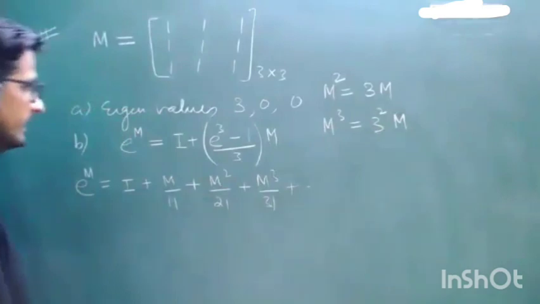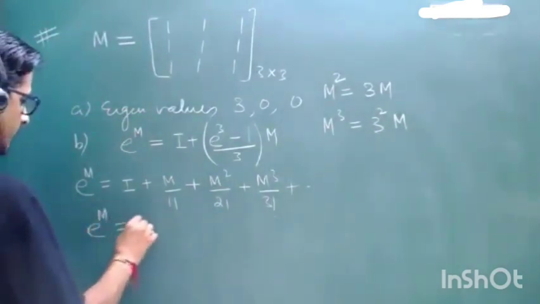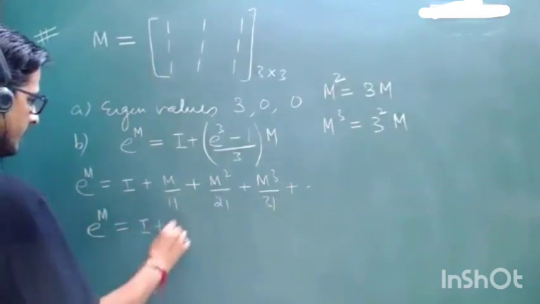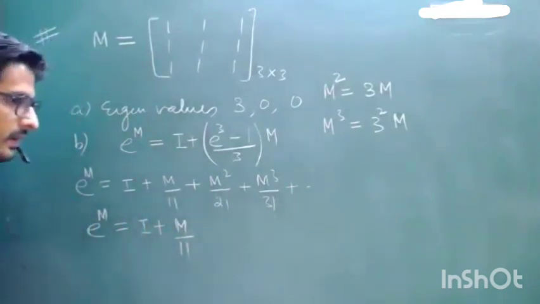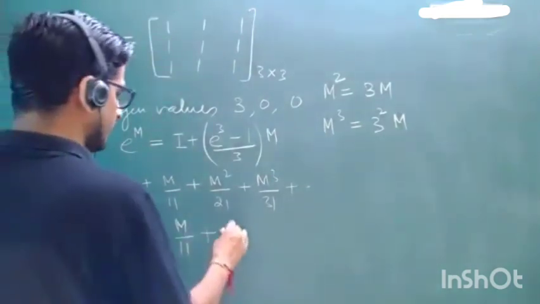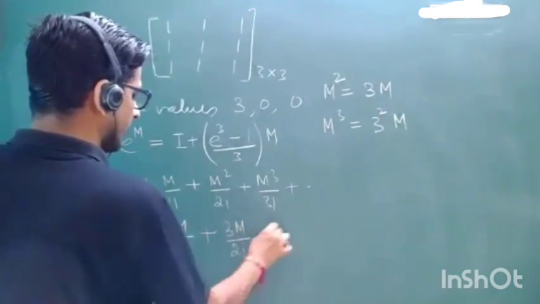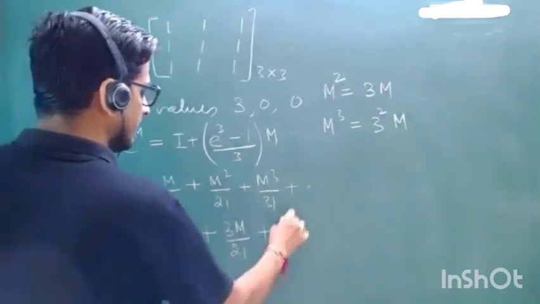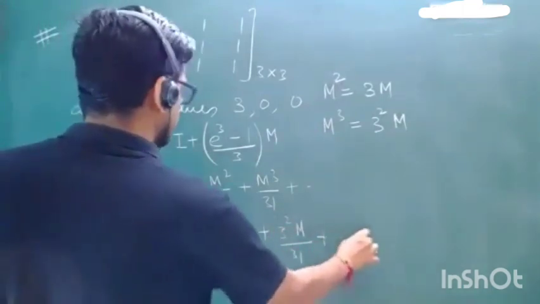Correct? So you will get e to the power m is equal to I plus m by 1 factorial plus m square, which is 3m, by 2 factorial plus 3 square m by 3 factorial plus dash dash dash.